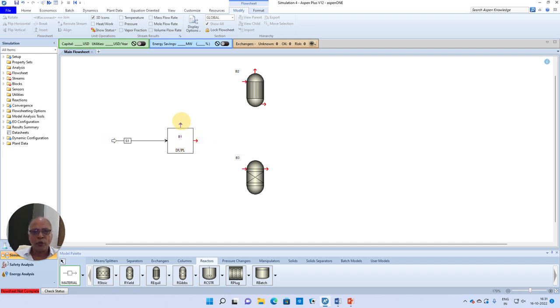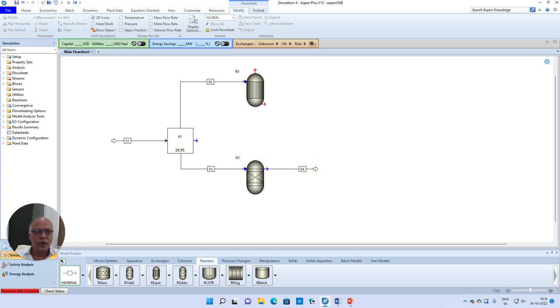The purpose of the duplicator is that I'll be able to take any number of outputs from this duplicator block, and what the duplicator block does is it copies the input stream information to all the output streams. So instead of defining several streams, if you define the input stream to this duplicator, for example, S2 and S3 will have exactly the same information as that of S1. That is the purpose of duplicator.